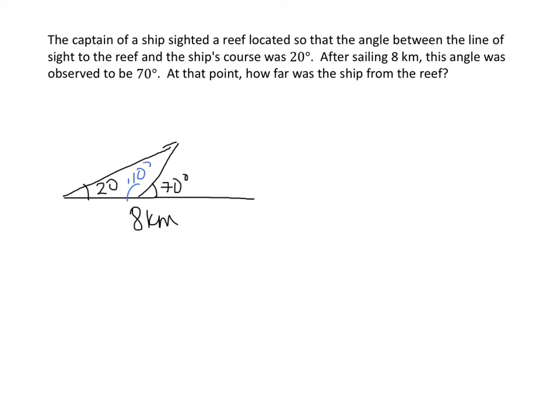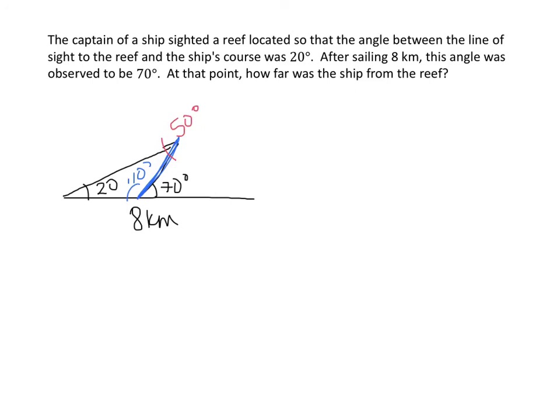The question asks, how far is the ship, which is now located here, from this reef? So we're looking at the side that I've shaded in blue. For this particular problem, we also need to label that third angle as 50 degrees, because remember 20 plus 110 is 130. The supplement of that is 50.